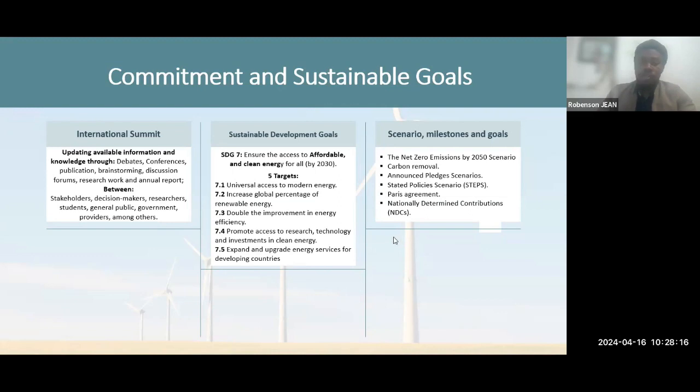Therefore, every 5 years, each country has to submit an updated national climate action plan. This is the nationally determined contribution, and it must be done every 5 years.